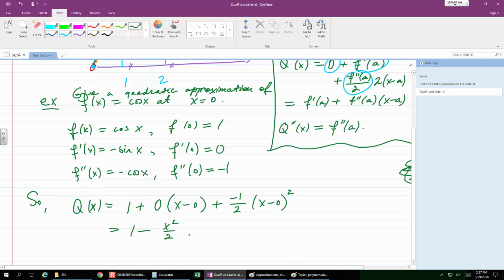Okay, and by the way, that's the advantage of this method: if we do it one at a time, we have all the previous approximations still visible. Okay, so in fact, what is the constant approximation? So this is quadratic.